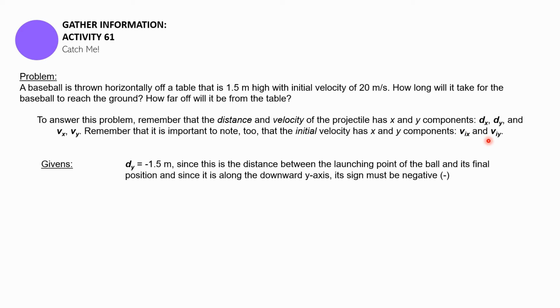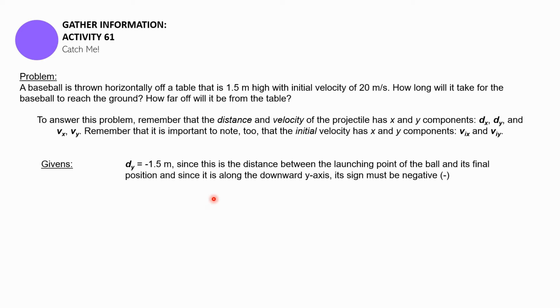Okay, so yung mga givens natin are the following. Yung dy or in distance, vertical distance is 1.5 meters. And since it is downward, yung pagta-travel ng baseball is downward, we are going to put negative in the beginning. Again, dy is equal to negative 1.5 because the distance from the origin is downward.